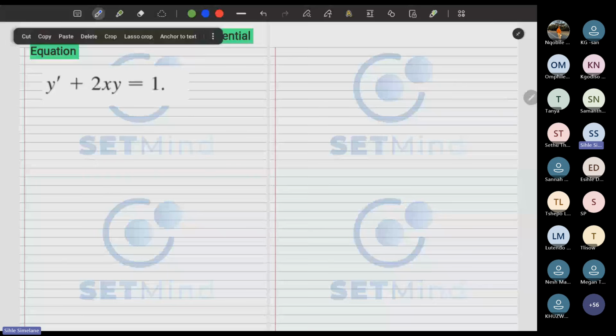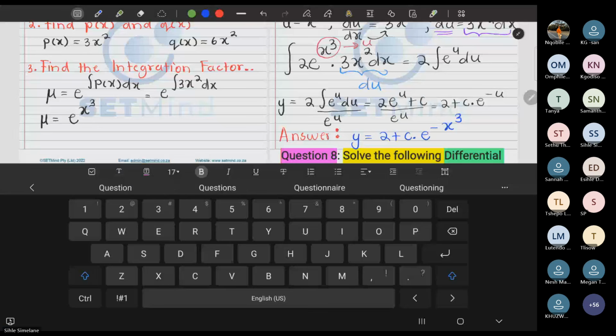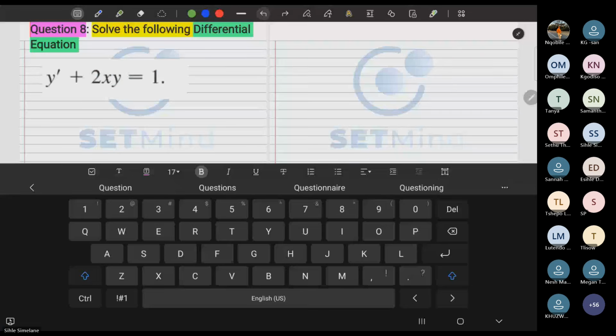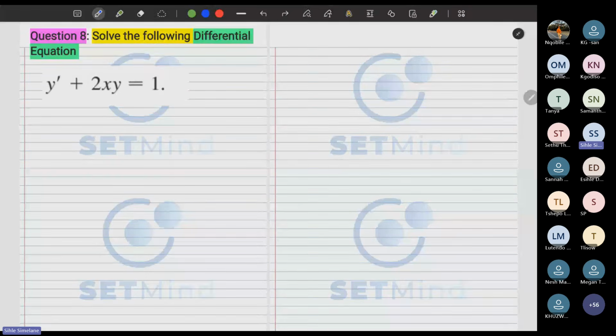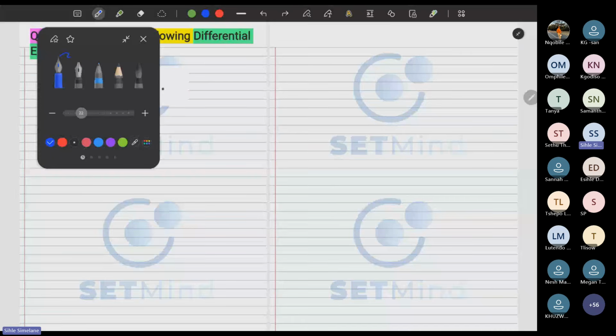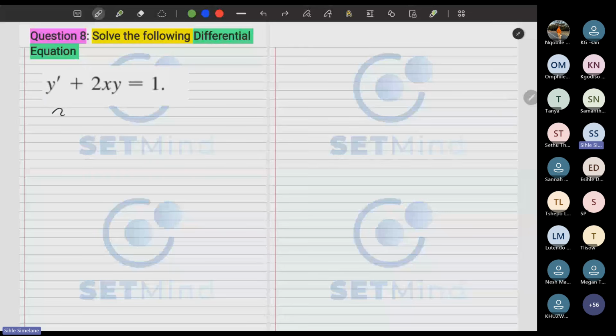Okay, let's have a look at this one, guys. Very easy. Because I already know the steps, I'm not going to write them again. So I see that this is a dy dx, and then plus, I see that I have 2x times y equals 1.